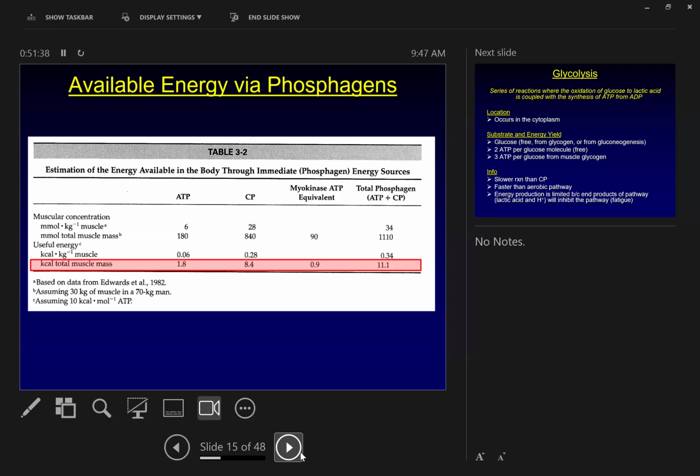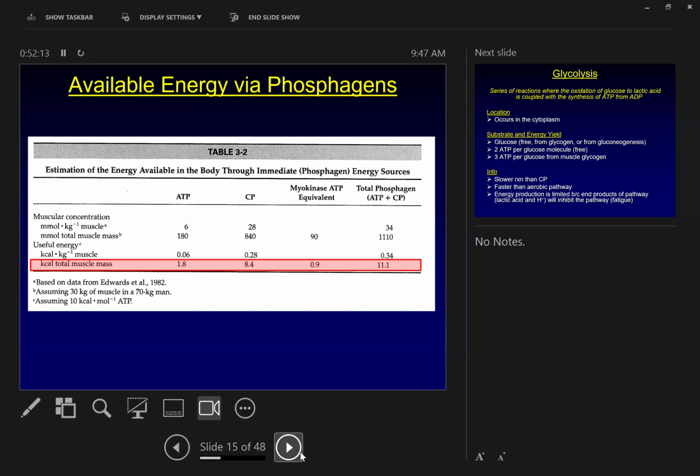This table tries to summarize as best it can the relative availability of energy in your muscle cells that is available from free ATP, from the myokinase reaction, and from creatine phosphate. So this is a summary of these immediate phosphagen systems. You don't have to know these numbers. I just want to demonstrate it from a relative sense.